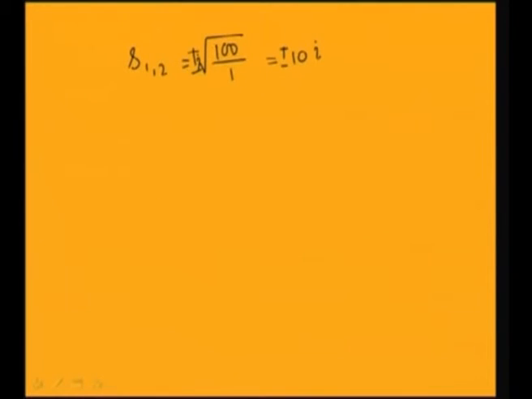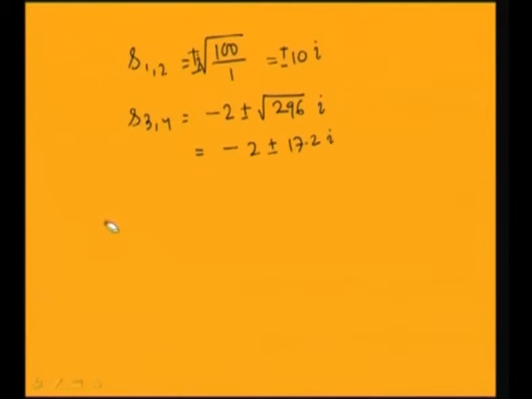S12 you can find this, and S34, if I substitute those values, becomes minus 2 plus minus root over 296 i, which equals minus 2 plus minus 17.2 i.